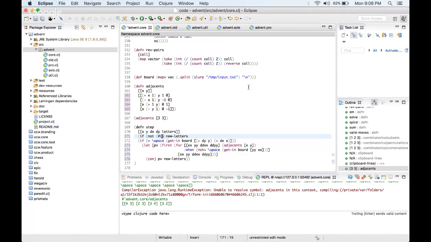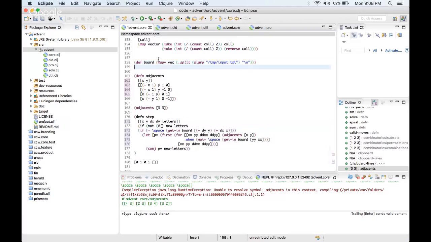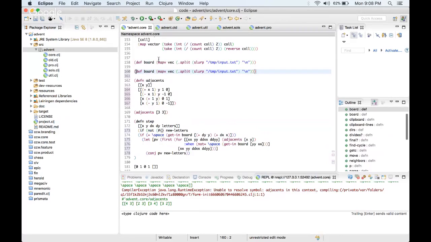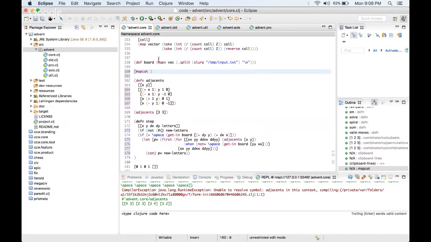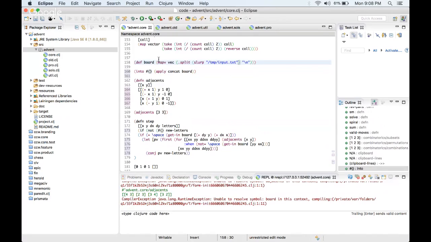So maybe we can actually let's take the board here and do something like mapcat, apply concat to board into a set, just to see what the set of characters are that we're working with.